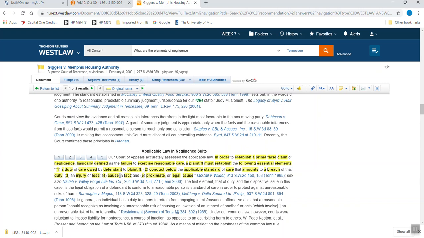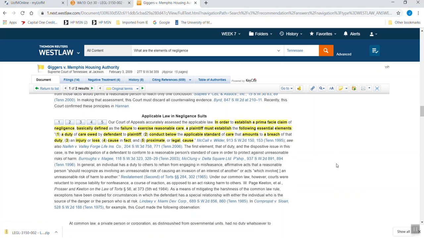So the facts have got to support your cause, and there has to be a proximate or legal cause for the negligence. So then the case, of course, runs through that.